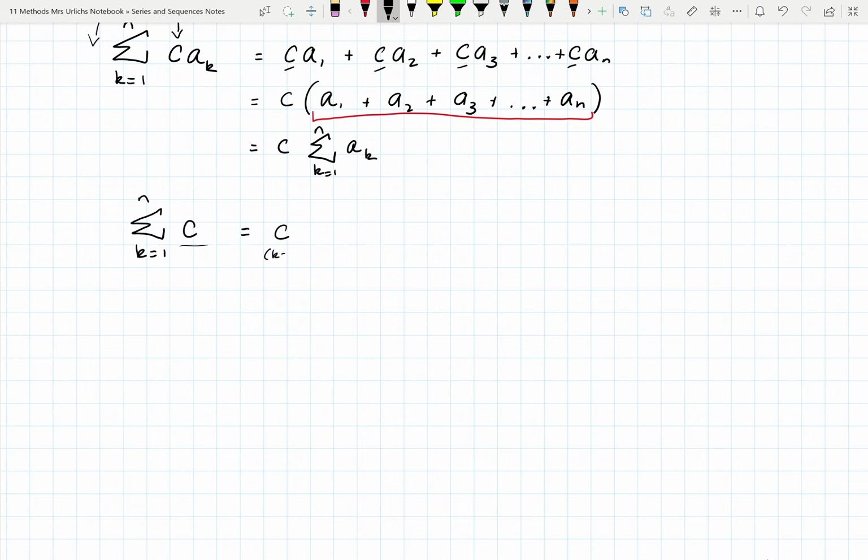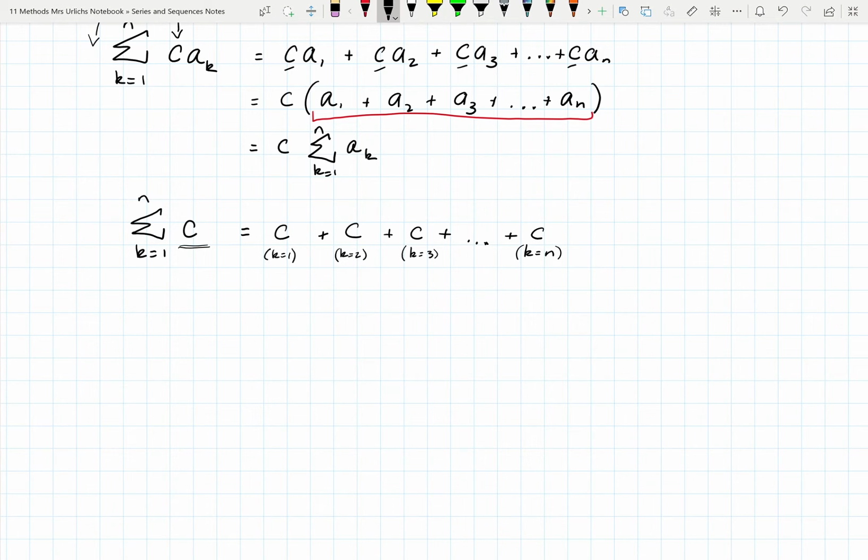I'll just pop k equals 1 under there so we can be sure. When k equals 2, our expression still equals c. When k equals 3, our expression still equals c. All the way through to when k equals our last term, n, it still equals c.